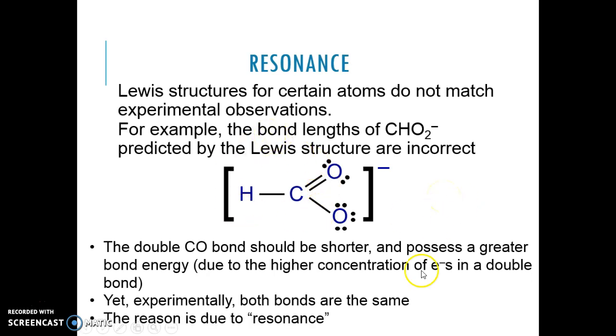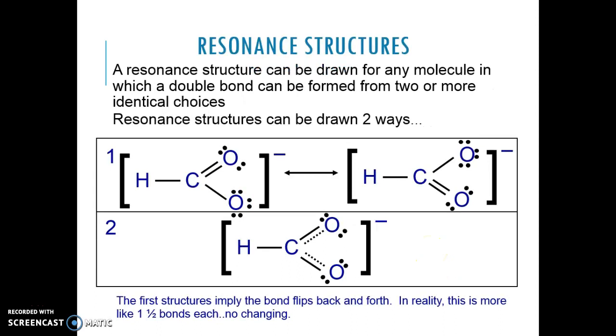Well, as it turns out, you've got something called resonance going on. Resonance is where the structure is kind of a median, where electrons are kind of a little free-flowing. So here's the idea that we're looking at in terms of resonance. You've got one atom having a single bond, one atom having a double bond.